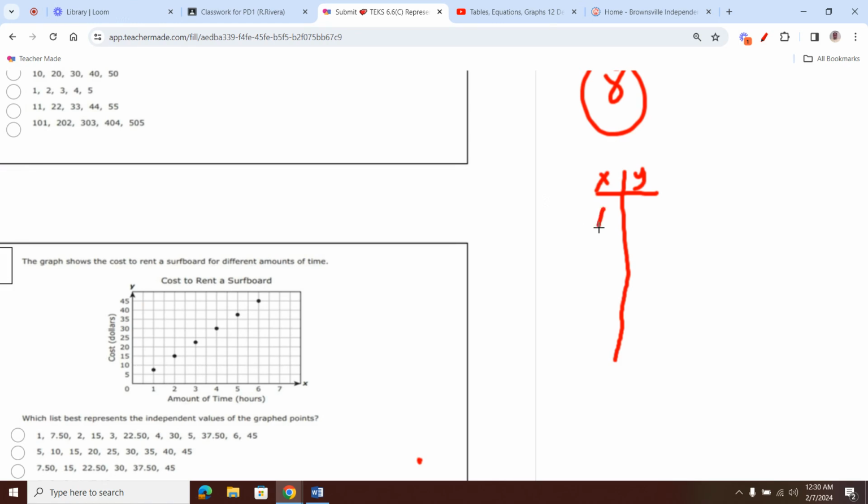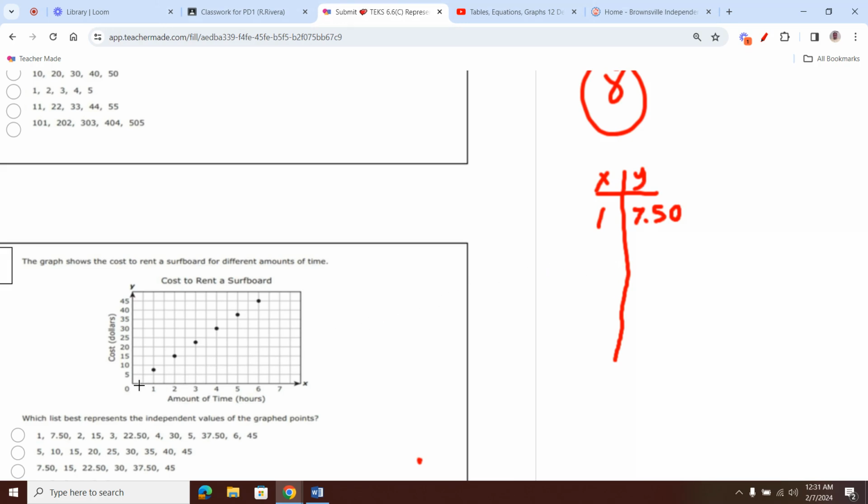So 1 in between 5 and 10 will be in the middle of 5 and 10. So we have 6, 7, 8, and 9. So it's probably about what? 7.5 more or less. Okay. What's between $5 and $10? About $7.50.